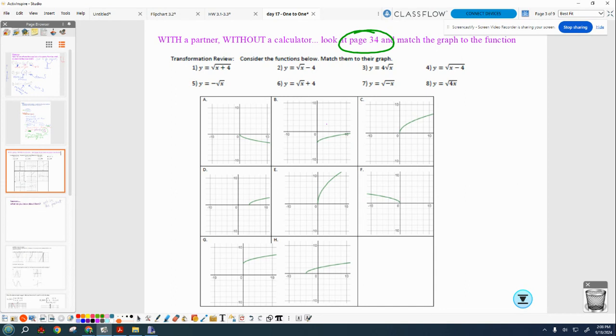You're replacing this. Any number that doesn't have an x, just keep it.